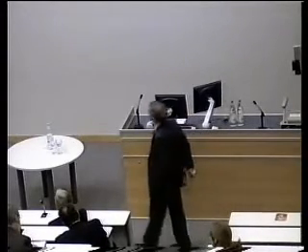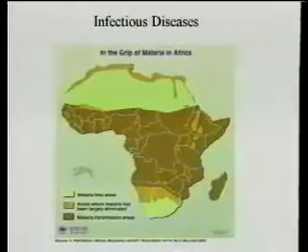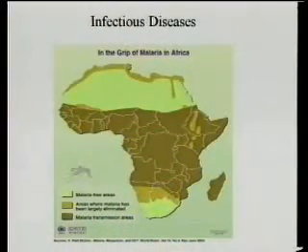Infectious diseases, back to Africa. The challenges from infectious diseases are manifold, not least from the globalization of our economic system, which has led to much more diffusion of populations, and of course much more movement of individuals associated with that economic globalization.